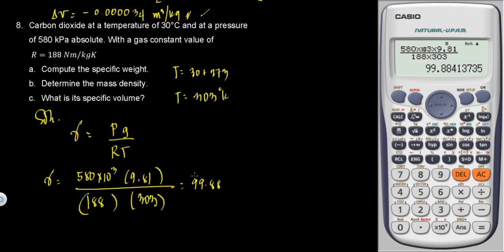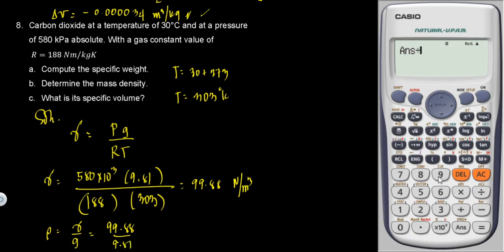Okay? Next, mass density. So, pag meron ka ng unit weight, madali na tong mass density. And mass density is gamma over g. Okay, 99.88 over 9.81. Answer is 10.18 kilogram per meter cube.